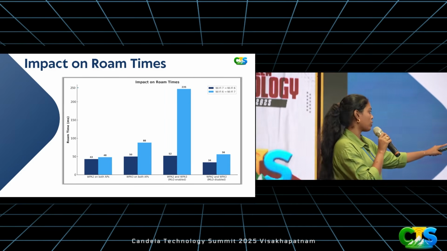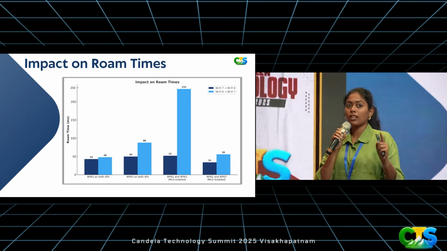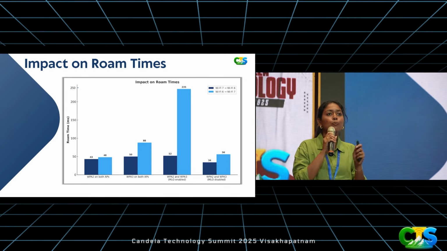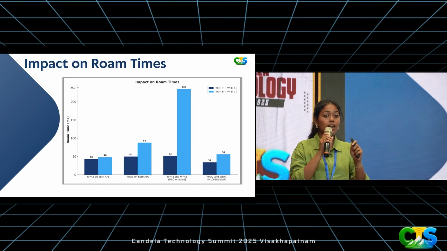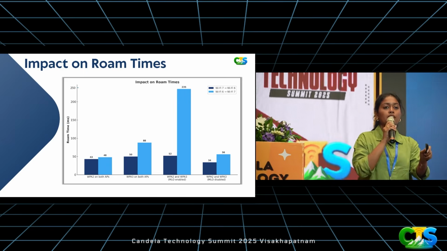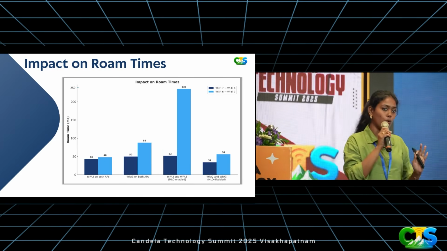You can see the fourth bar, which indicates that in this scenario with MLO disabled, the roam times are within 100 milliseconds, which pointed to the fact that this issue was only happening with modern Wi-Fi 7 clients in the MLO enabled scenario only.